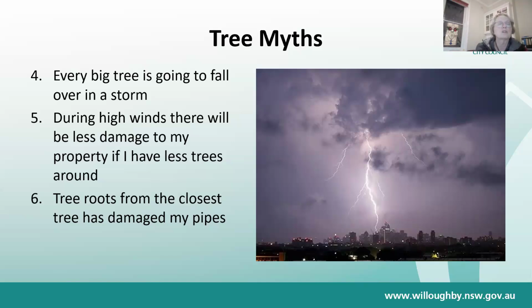Tree roots from the closest tree have damaged my pipes. Large parts of the Chatswood area are built using clay pipes. Now, clay pipes have a lifespan really of about 40 to 60 years.